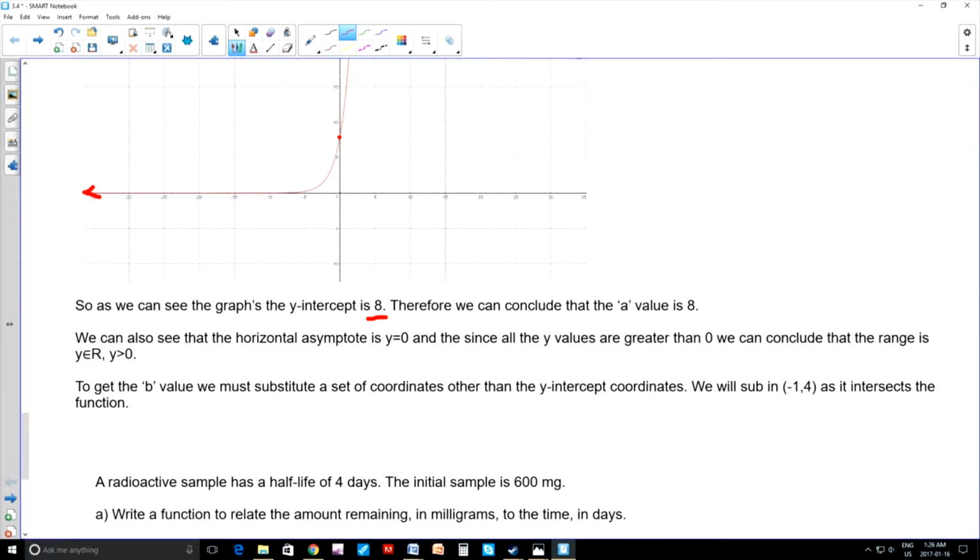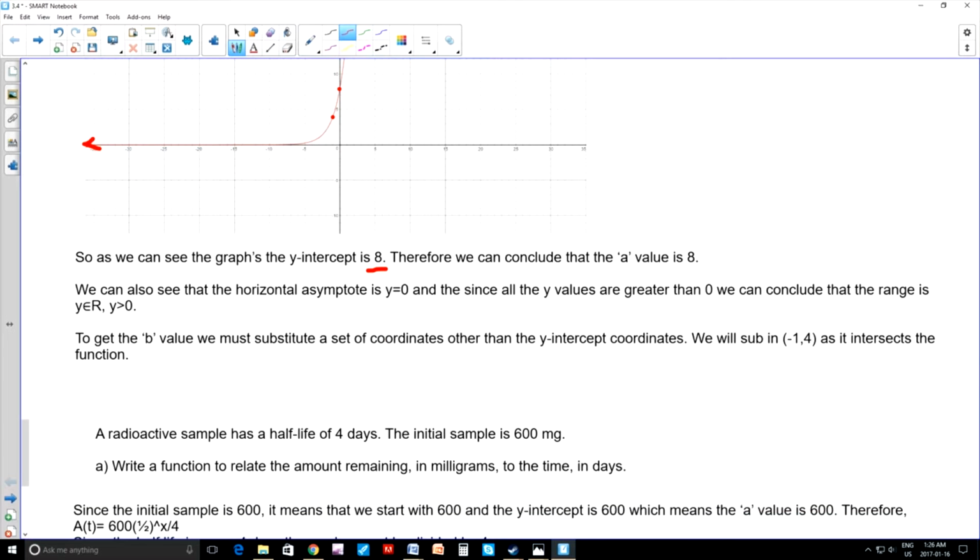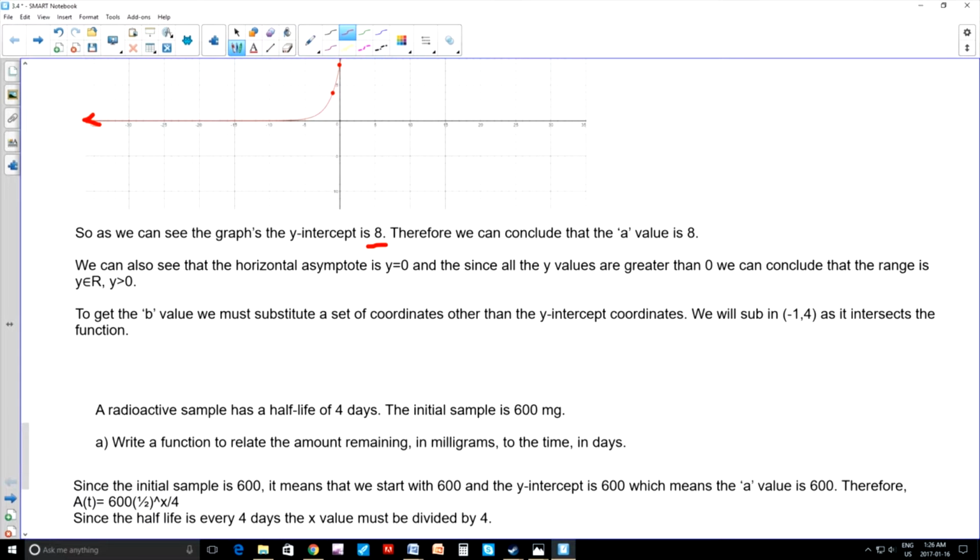To get the b value, we must substitute a set of coordinates other than the y-intercept. So we'll sub in (-1, 4), because you can see (-1, 4) is right over here, and it intersects the function. So note the a value is 8, so we can say that 4 equals 8, which is the a value, times b to the power of x, and x was -1.